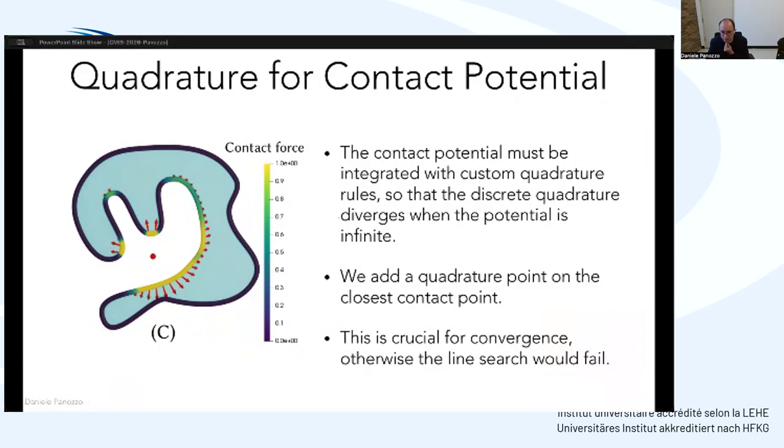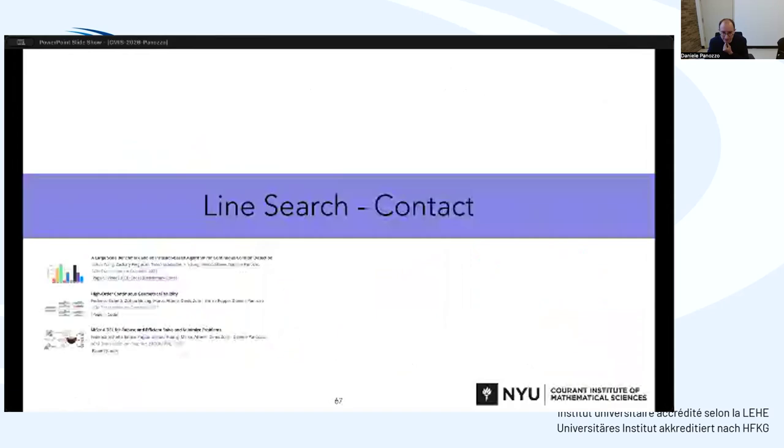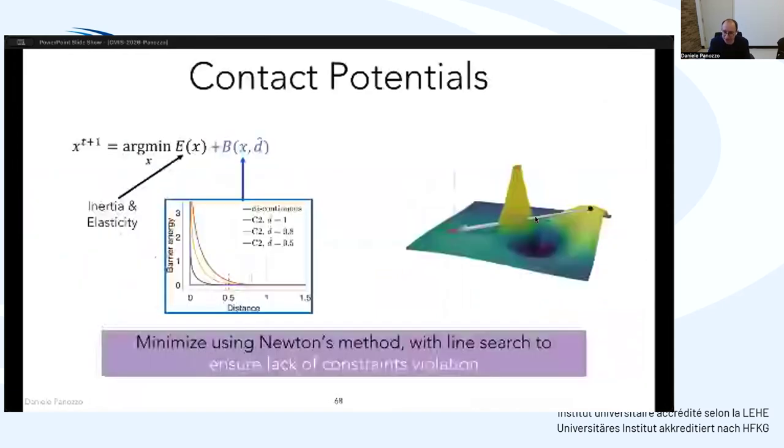So the last piece is line search. The reason why I care about line search is, again, because I compute this descent direction in an approximate way, and I want to make sure that nothing is going to go wrong if I move in this direction. And even if I computed this exactly, I would need to know how far I can go before I hit something bad.